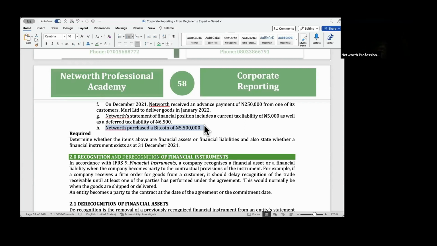Like those exchanges that deal in cryptocurrency, in their books, those cryptocurrencies will be inventory because they are holding them for sale. So that's the entire story around Bitcoin. But as far as this question is concerned, it is not a financial asset and there is no financial instrument contract here.